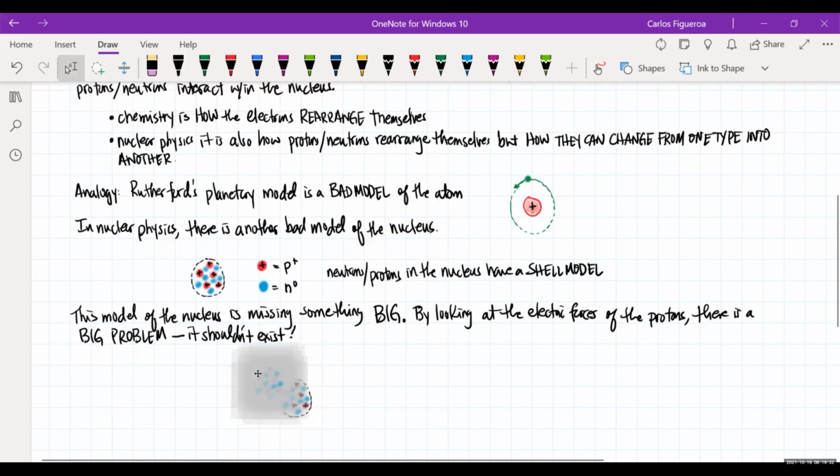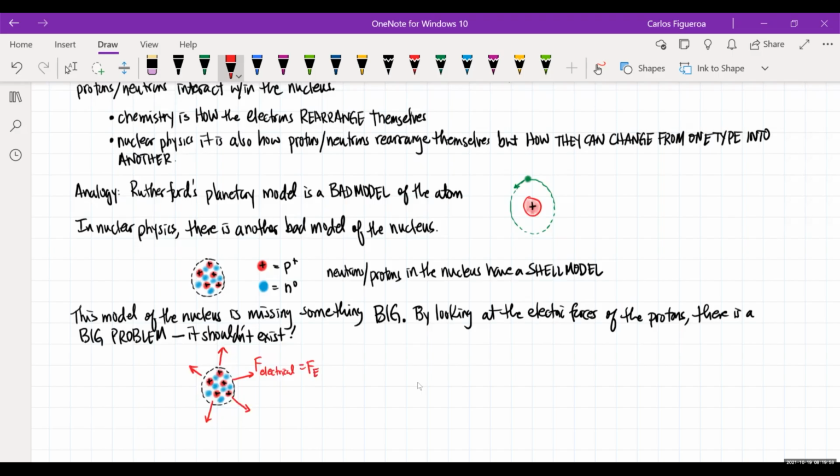And when you look at this thing here, look what's actually happening. There's electrical repulsion. In fact, as this thing gets quite large, that means the nucleus gets quite large, you find that the electrical force is trying to blow the nucleus apart.